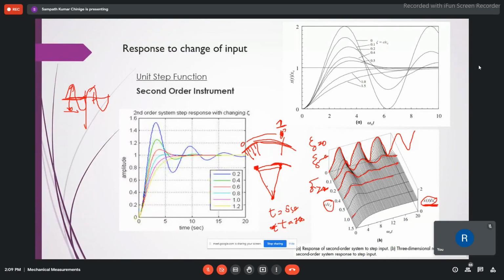And by the time it reaches 1, there is no bigger amplitude. But when it comes to the 1.5 value, you can see that the amplitude over here is not the same as this. But slowly it will reach the steady state value. I hope I am clear with the behavior.